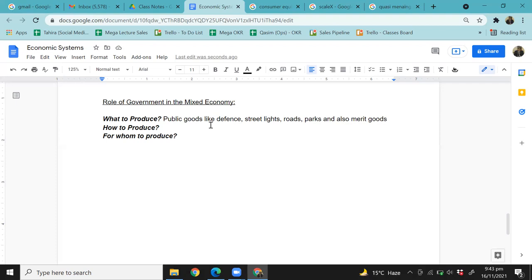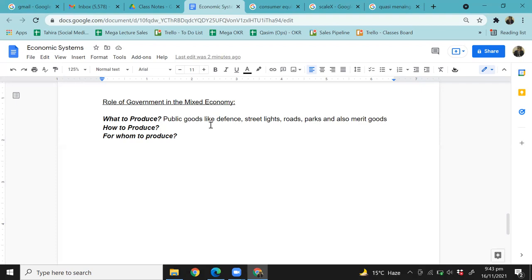So the government is not thinking like the private sector, because the private sector is strictly about profit maximization. They will try to minimize their costs. They will only want to hire people who are most efficient and productive. But the government thinks in a slightly different manner.